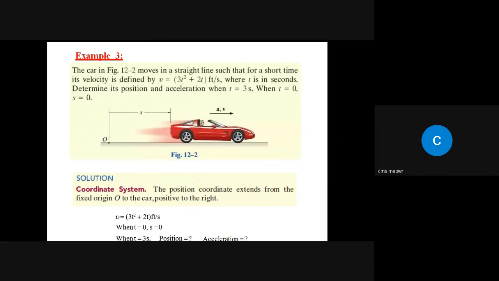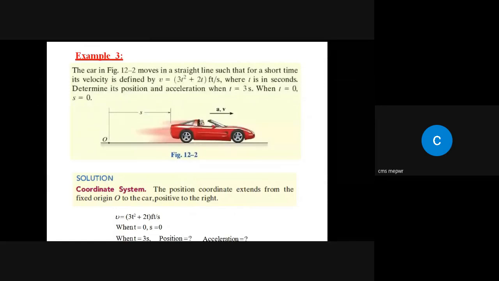It doesn't matter which book or edition you follow; you can do problems from RC Hibbeler or from JL Meriam. Both will give you the concept, and the same concept can be utilized in your exam. Sometimes I will use JL Meriam, sometimes RC Hibbeler. You can use either, and both books are uploaded in Google Classroom.